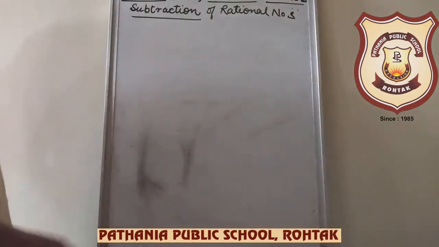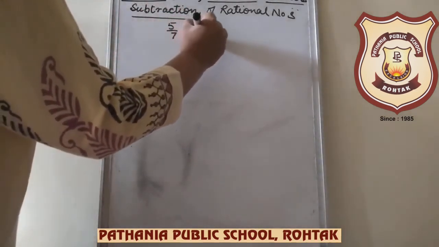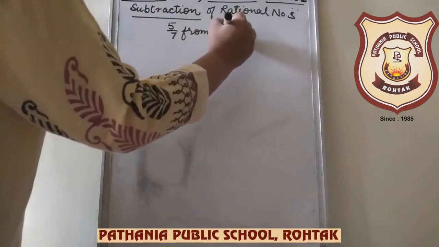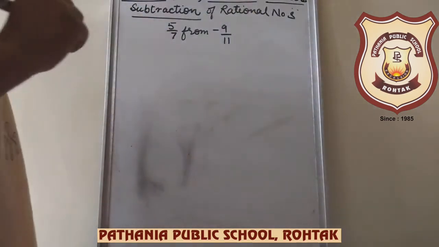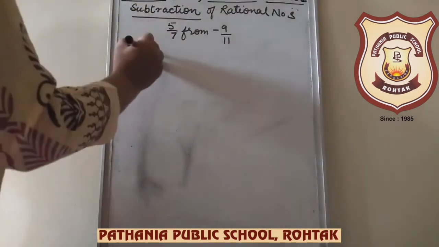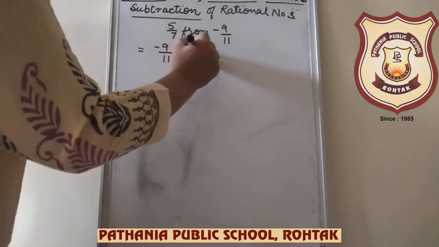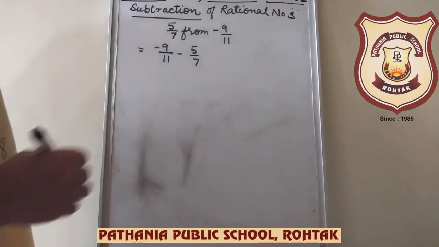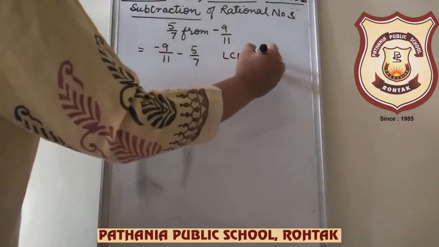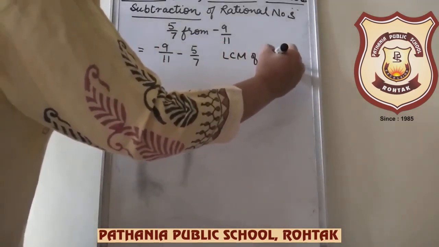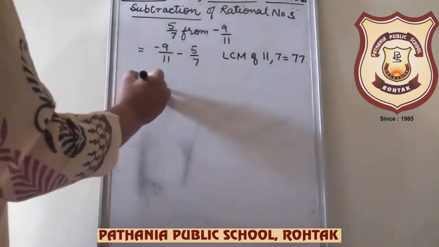Suppose you have to subtract 5 upon 7 from minus 9 upon 11. Okay. So how will you write? Minus 9 upon 11 minus 5 upon 7. LCM of 11 and 7 is equal to 77.